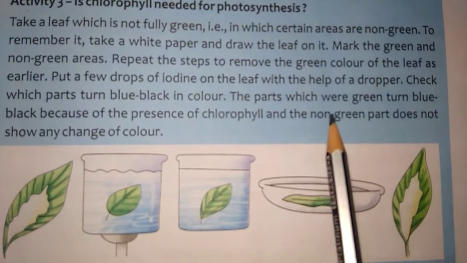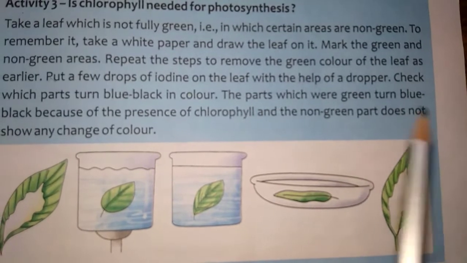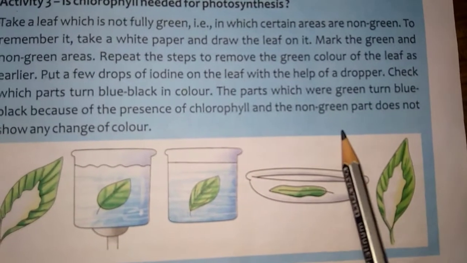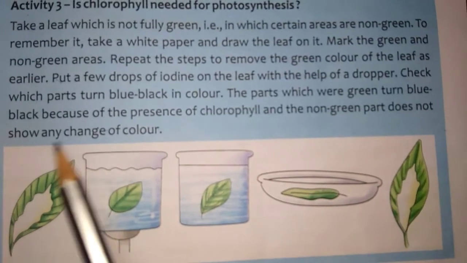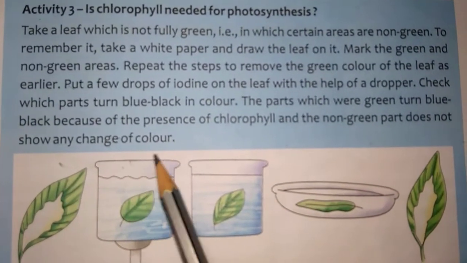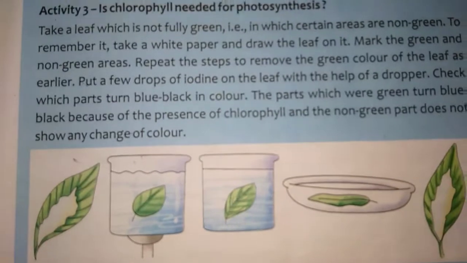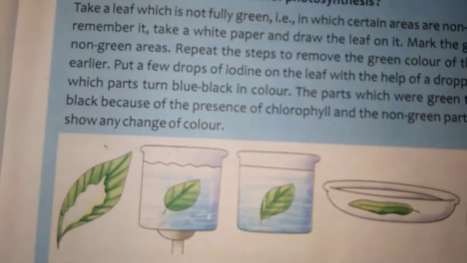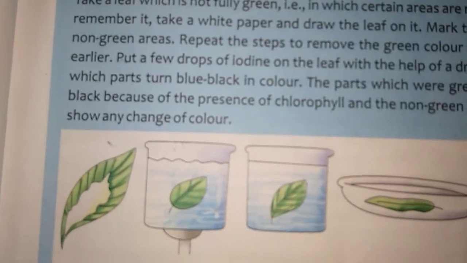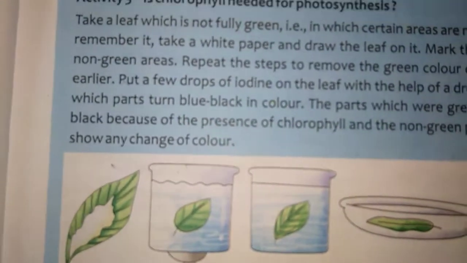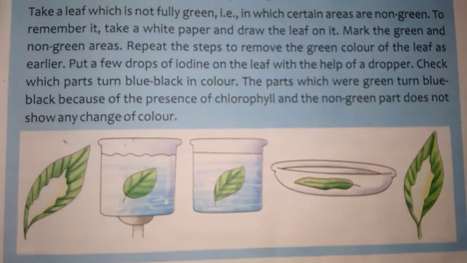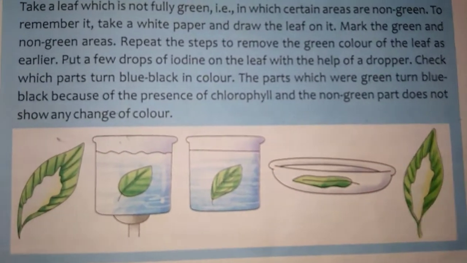The part which was green turns blue-black because of the presence of chlorophyll, and the non-green parts do not show any change in color. Wherever chlorophyll is present, it will show the color, and the rest will not show any change.